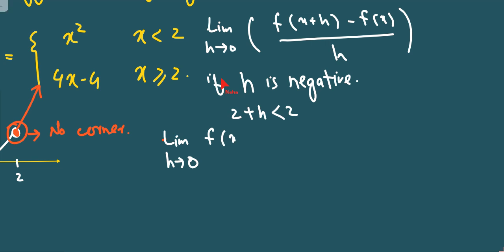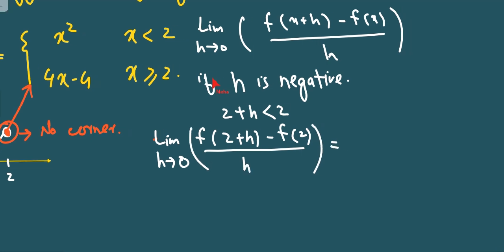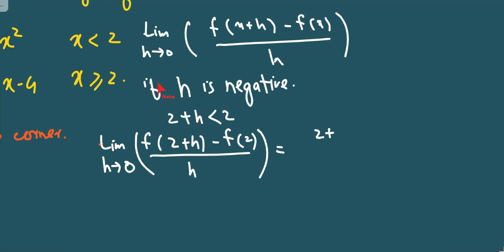The expression is limit h tends to 0, f of 2 plus h minus f of 2 over h. That becomes 2 plus h square minus f of 2, which is again 4, over h, with the limit h tends to 0.